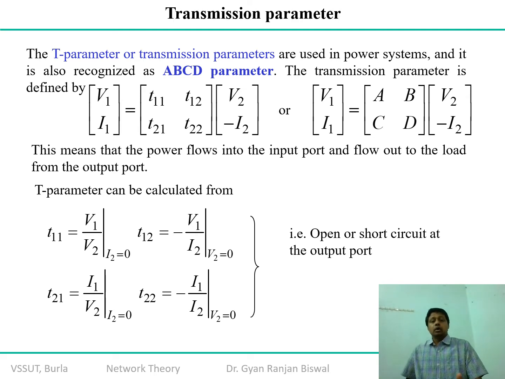Okay, so the V2, if you are shorting the same terminal, you will appreciate that you can get the remaining two parameters, that is B and D. What about the B? That is the 2 to 1. So again, that means now you are moving in a reverse direction. Okay, so that is a reverse resistance.